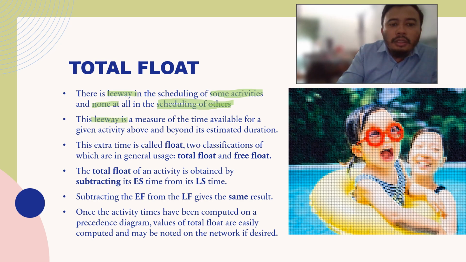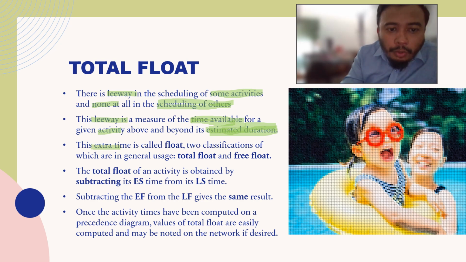This leeway is a measure of the time available for a given activity above and beyond its estimated duration. So basically it's extra days for that activity. In project management, this extra time is called float.